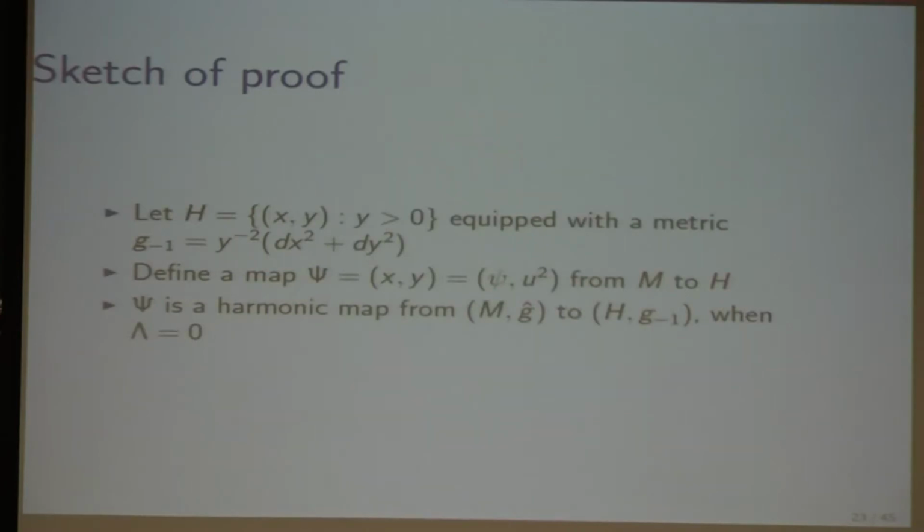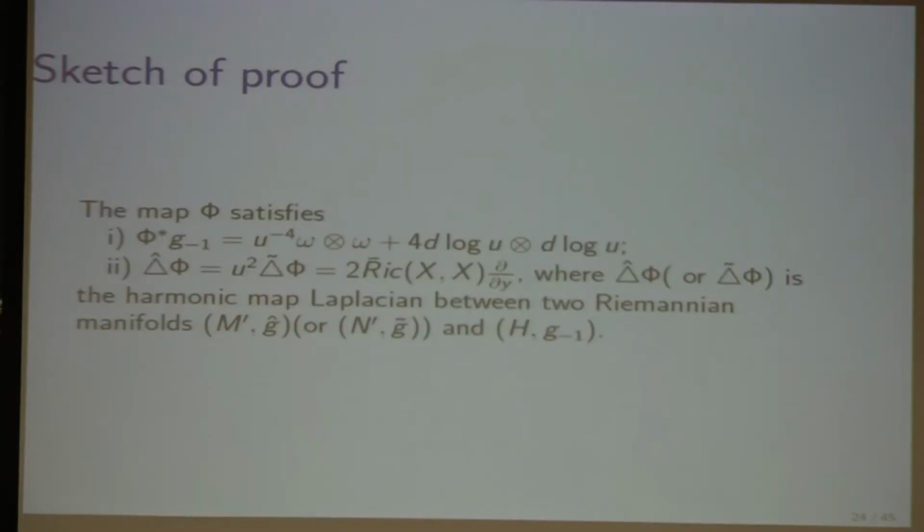From this expression, you can see if I pull back this metric using this map psi, then I get this one. It is just the Ricci curvature of the conformal Riemannian metric. So we can compute the Laplacian of psi.